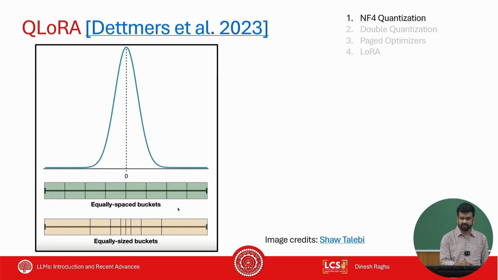So typically when you do regular quantization, you define the max and the min, and then you divide the buckets into equally spaced ones, right? Because now you know the range, you can bucket them. The assumption here is that your array is uniformly distributed, right? So if that is the case, you'll end up with the same number of candidates in each bucket, and you would do the computations.